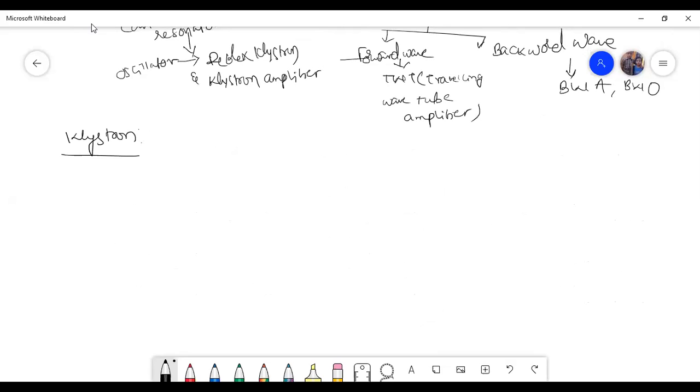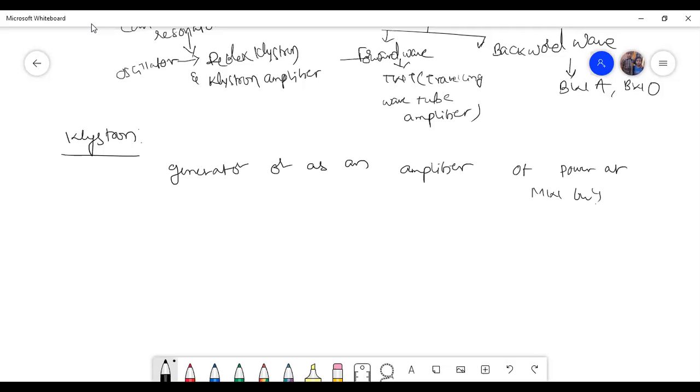That means we can say that a Klystron is a vacuum tube that can be used either as a generator or as an amplifier of power at high frequencies, that is, at microwave frequencies. So this is the microwave device, Klystron.